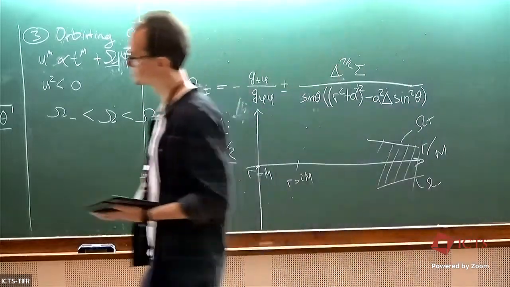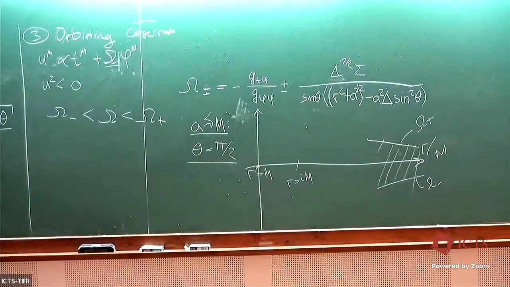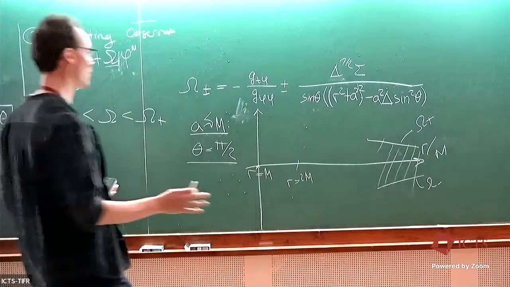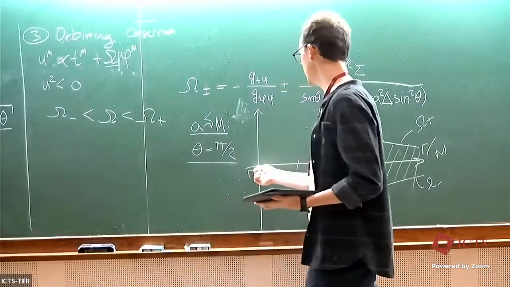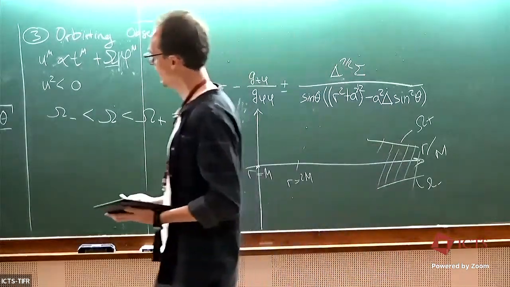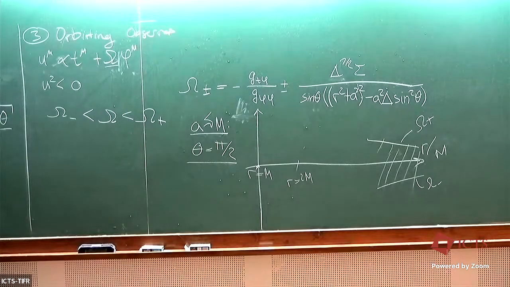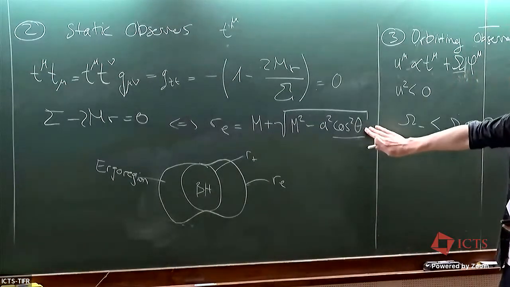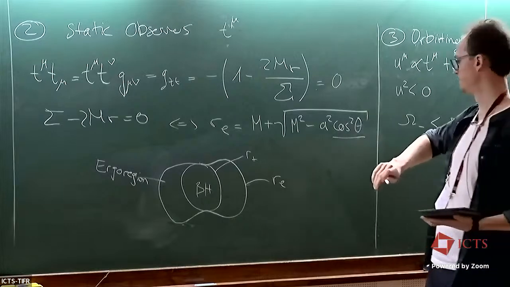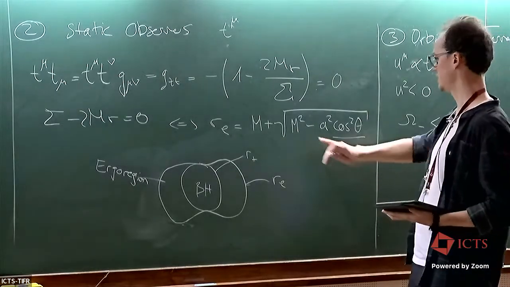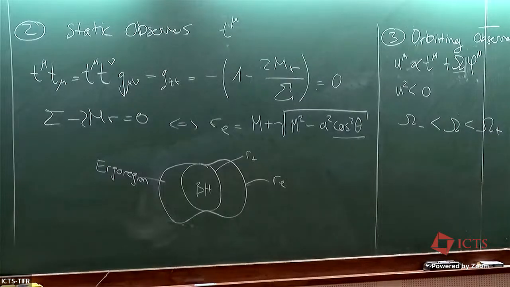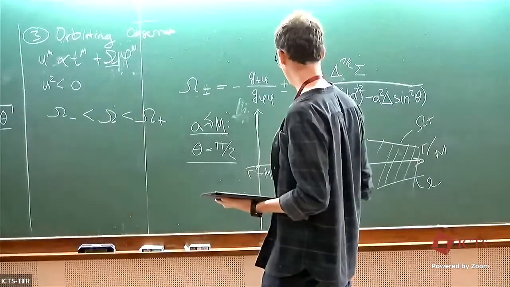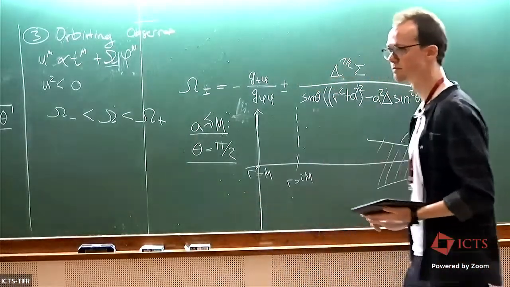So basically, if A is approximately, but not quite equal to m, then r plus is approximately m, and so it roughly sits at the origin here. And the ergosurface in the equatorial plane, that is theta at pi over 2, sits at roughly 2m. So we have the horizon here, and then the ergosurface here.